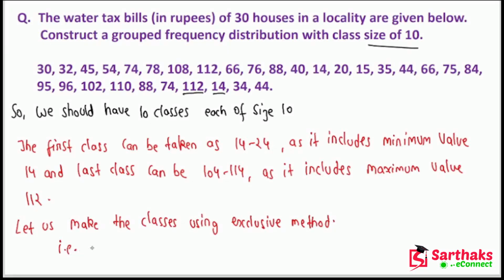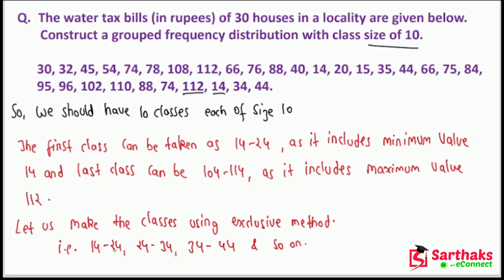That is, the classes would be 14 to 24, then 24 to 34. So clearly the next class will be 34 to 44 and so on till 104 to 114.